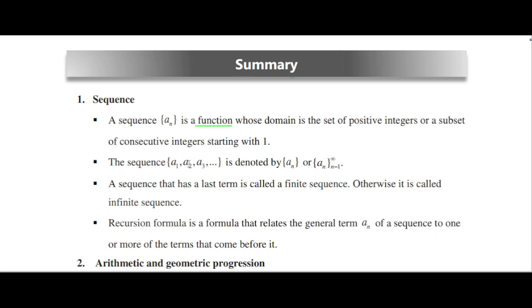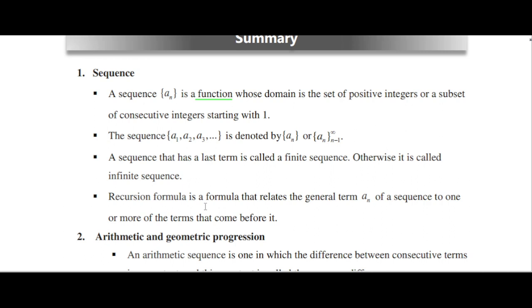A sequence a1, a2, a3 and so on is denoted like this. Again, a sequence that has a last term is called finite, otherwise it is called infinite. A recursion formula is a formula that relates the general term of a sequence to one or more of the terms that come before it.